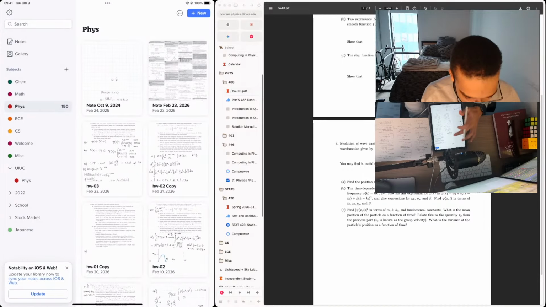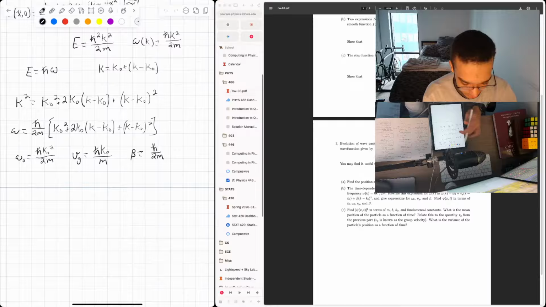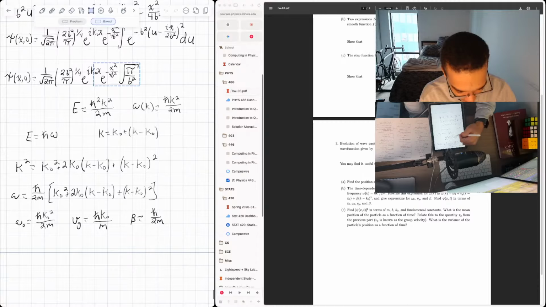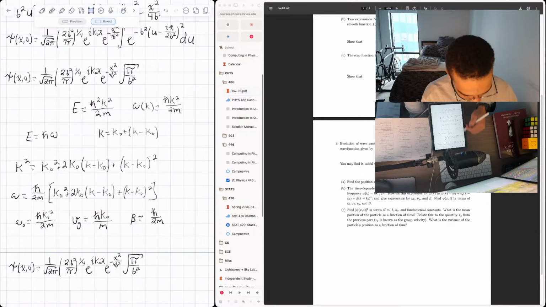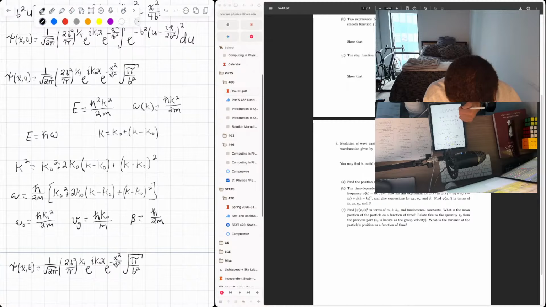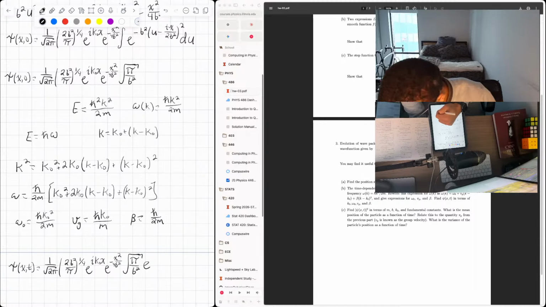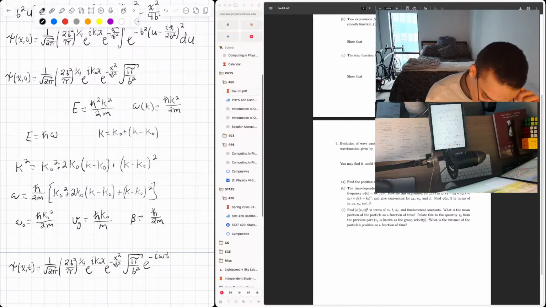Because the integral's with respect to k, there's literally no point to redo the integral. What you end up getting is just this, e to the minus i omega t. Oh, omega is a function of k. Oh, crap.